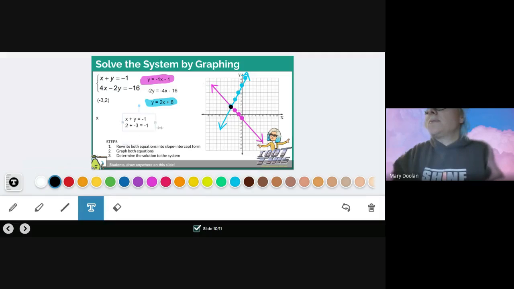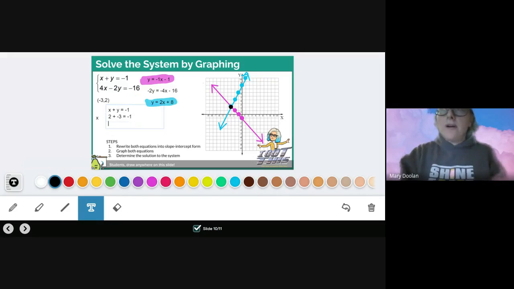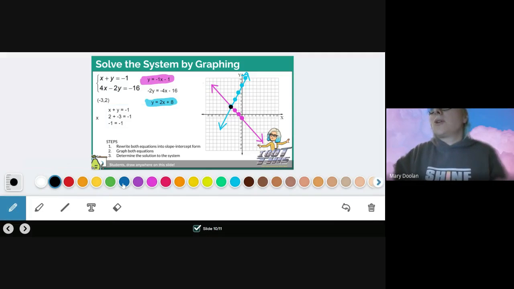That's my question. The first equation, is that true? Well, 2 plus negative 3 is negative 1, so it does work out for the first equation. Awesome. I could do a little check mark to show that I checked it.